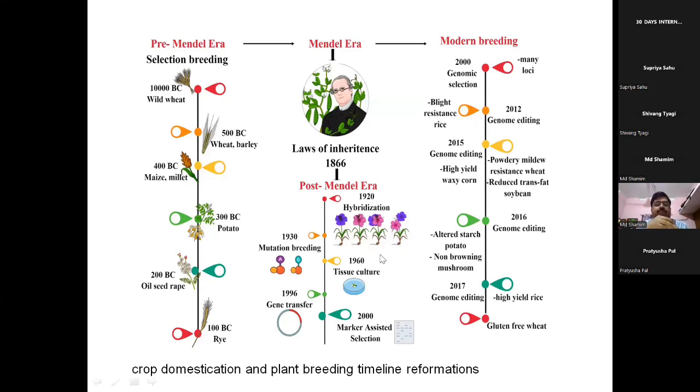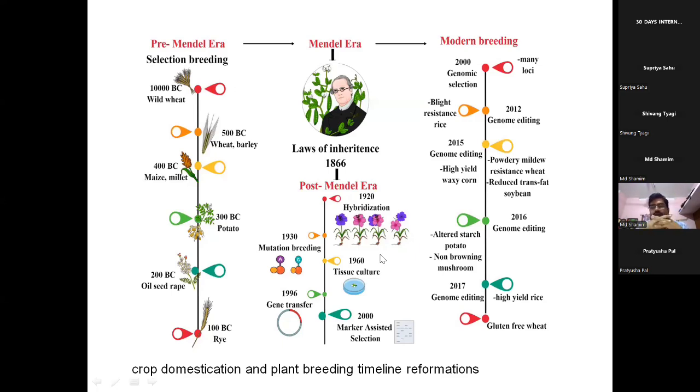After the discovery of Mendel's laws of inheritance, the post-Mendelian era started, and in this era plant breeders developed the hybridization method and several other improvement methods that include mutation breeding, tissue culture, gene transfer, and marker assisted selection.